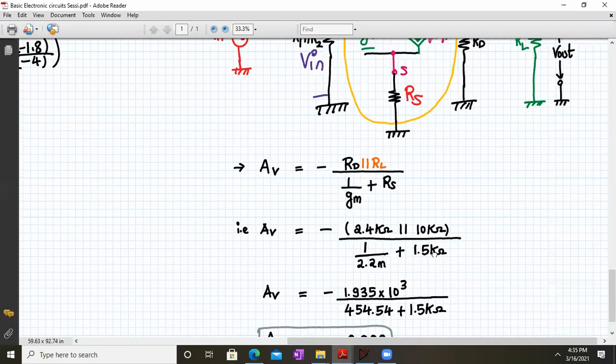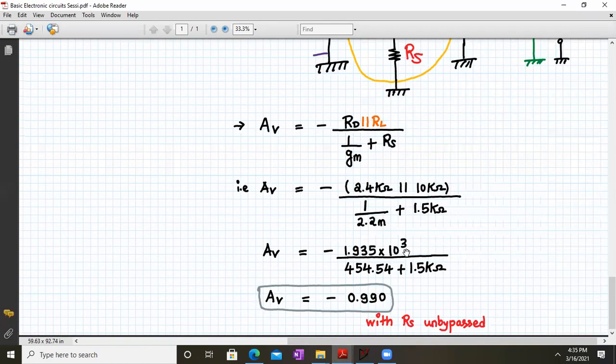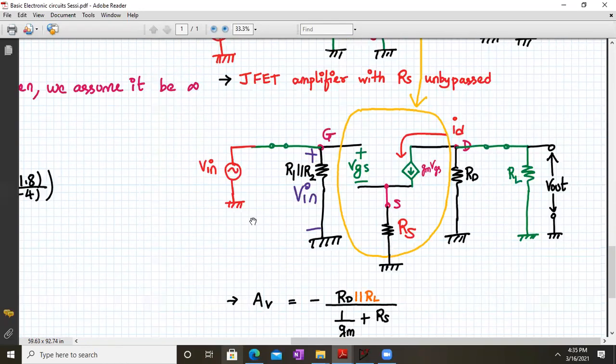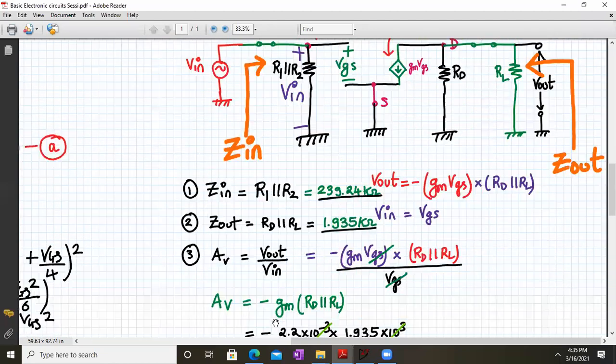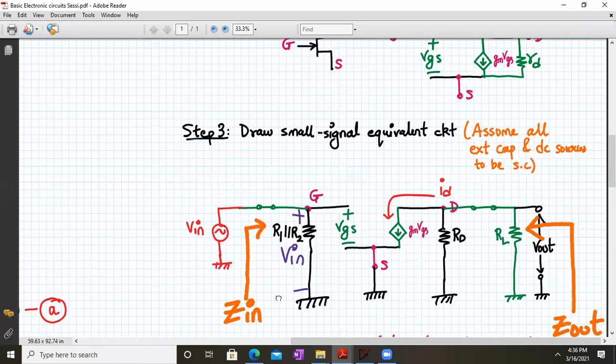Fine. Everyone else got a similar result? Yes, sir. Okay. And please remember this thing, that whenever we have a bypass capacitor, the gain is more. The conceptual reason will be clear to you, I guess, when we discuss the MOSFET amplifier in detail.